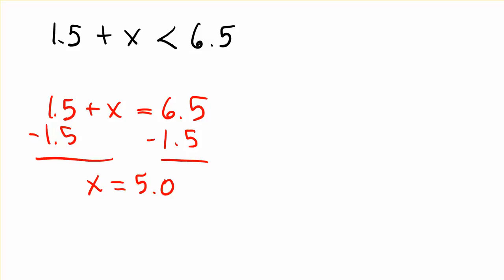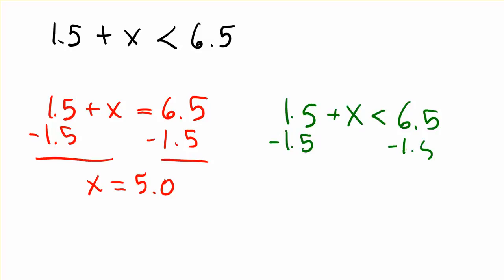As an inequality, though, we're going to do essentially the same thing. 1.5 plus x is less than 6.5 this time. But notice we'll do the same exact operations. We'll subtract 1.5 on each side, and we'll end up with x has to be less than 5.